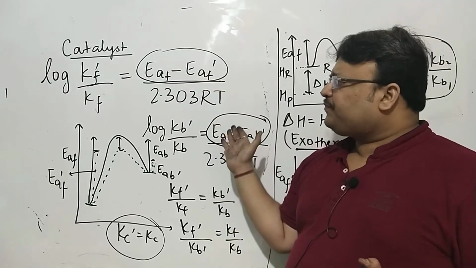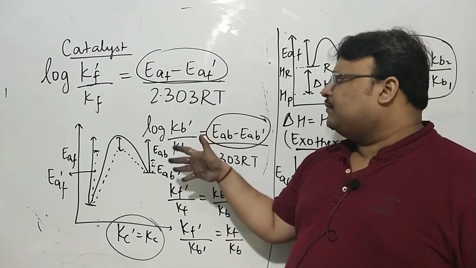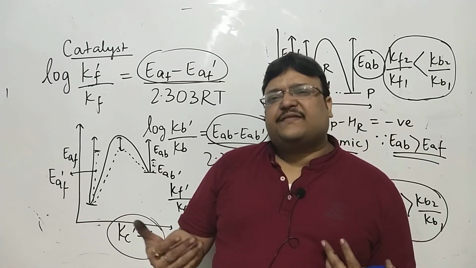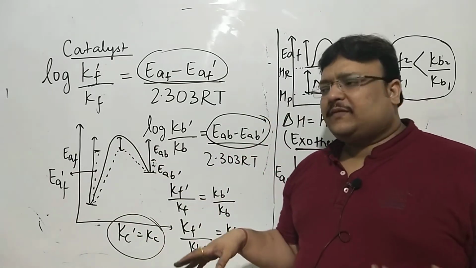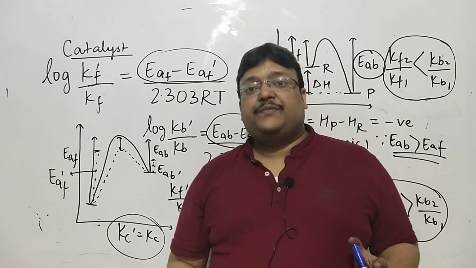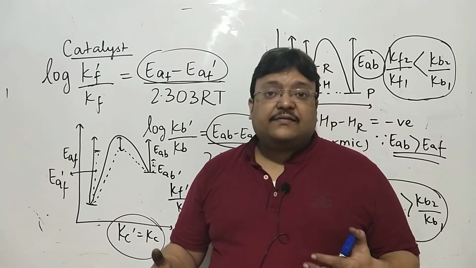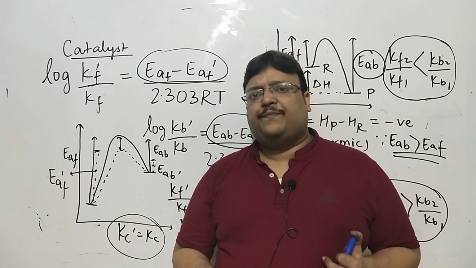This is same. So Kf prime and Kb prime, they are both increased to the same extent, the ratio remains the same, and Kc remains the same. कैटलिस्ट से रिएक्शन जल्दी होता है, ज़्यादा नहीं होता है.